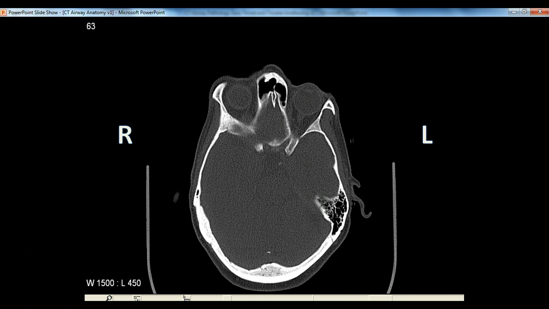And we're looking at the patient from the feet up. So it's as if we put the patient through a deli slicer and we're looking at them from their most inferior view. So the R is the patient's right, the L is the patient's left, the bottom of the screen is the patient's posterior, the top of the screen is the patient's anterior structures.